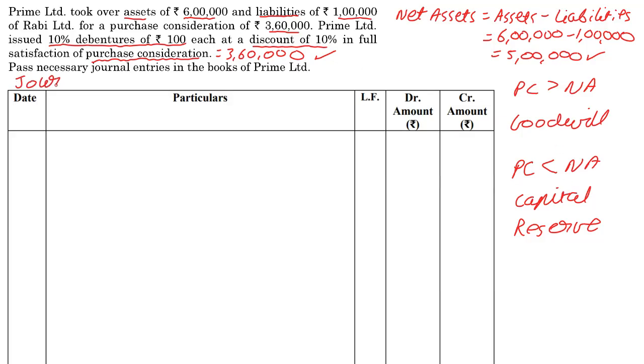Journal entries in the books of Prime. All right, and we do not have dates, so we leave the date column blank. Okay, and we are now going to go ahead and pass the entries for debiting the assets that come in.